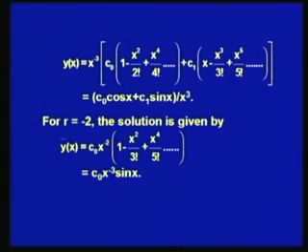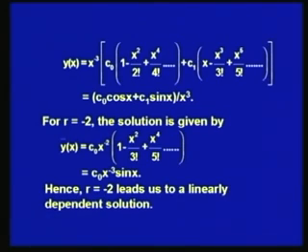Now when we calculate the solution for r equal to minus 2, it turns out that y of x is equal to C0 into x to the power minus 2 into (1 minus x square by 3 factorial plus x to the power 4 over 5 factorial and so on), which is also equal to C0 into x to the power minus 3 into sin x.